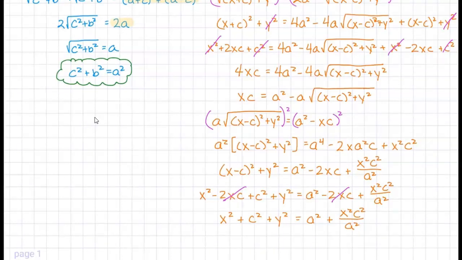Okay, well, now I do have c's in there. Let's see what happens if I actually get rid of the c's. Remember this formula up here? If I were to rewrite that and say that c squared is equal to a squared minus b squared, I can replace these c squareds with a squared minus b squared. Let's just see where that gets us.